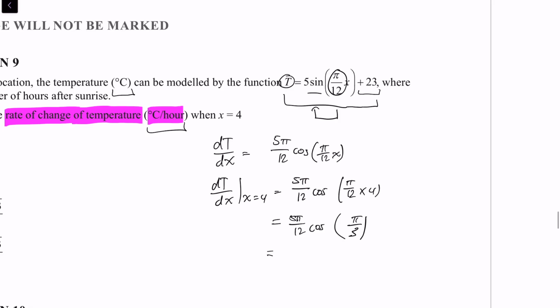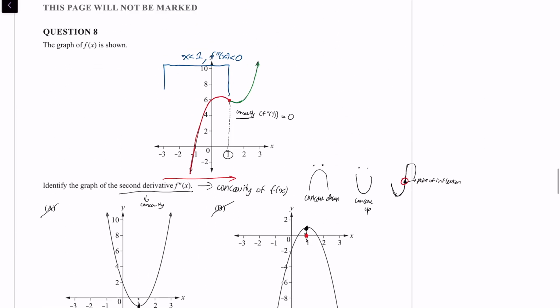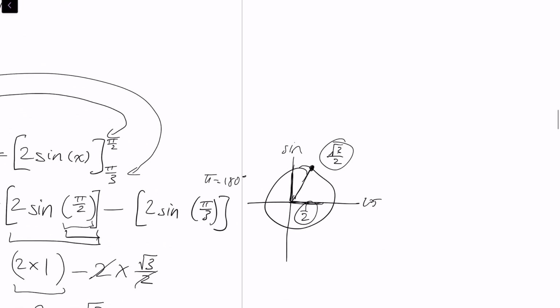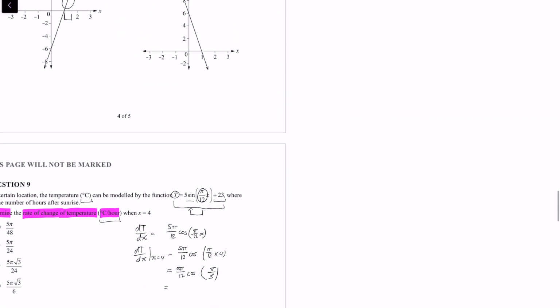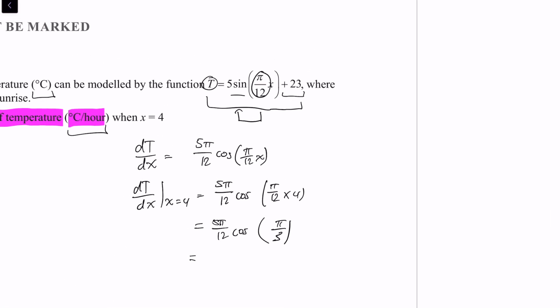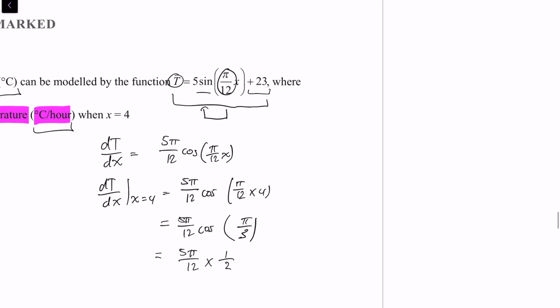So we know that cos pi on 3, back to our unit circle, which we had in question 5, we know that if we have a cos of pi over 3, which is 60 degrees, which is greater than 45 degrees, then I know that it's going to be a half, because cos is my x value, and the higher I go in the unit circle, the less I am at the x or the cos value.